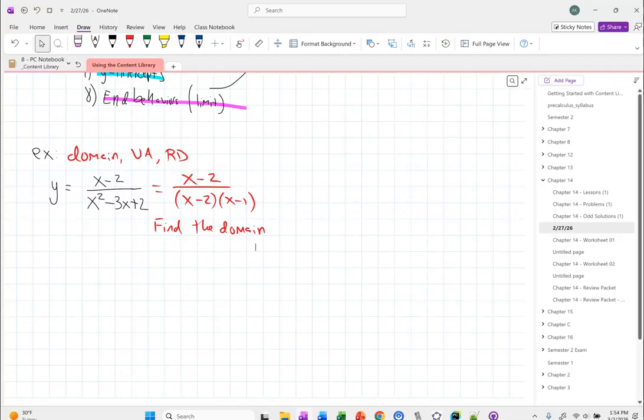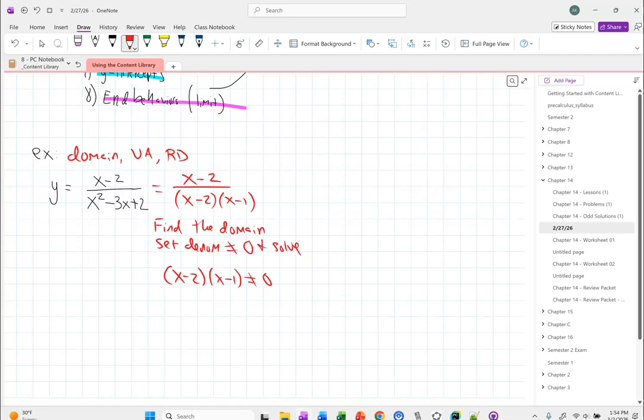Not when one of the numbers is 0, specifically when the denominator is 0. So we take the denominator, we set it not equal to 0, and solve.